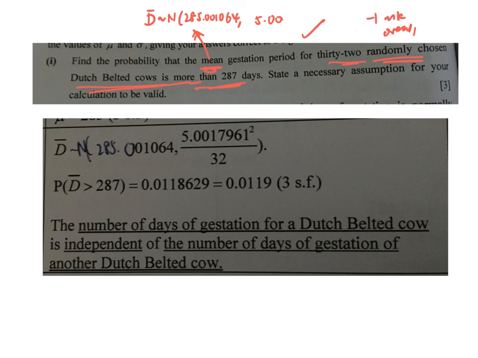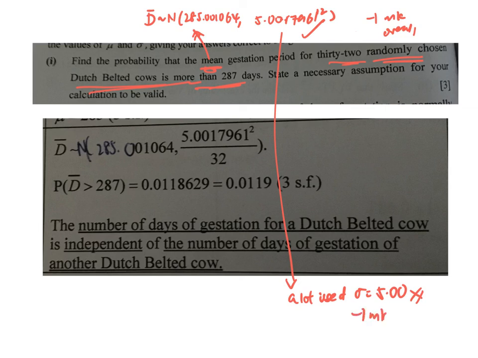So I just basically minus 1 mark overall. You should be using the unrounded sigma value. A lot of you just used sigma equals 5.00, so for that I just did minus 1 mark overall.